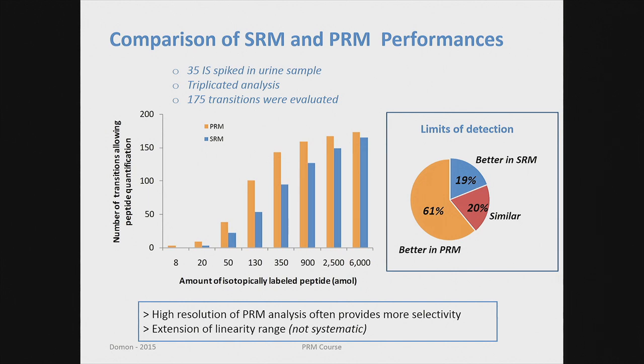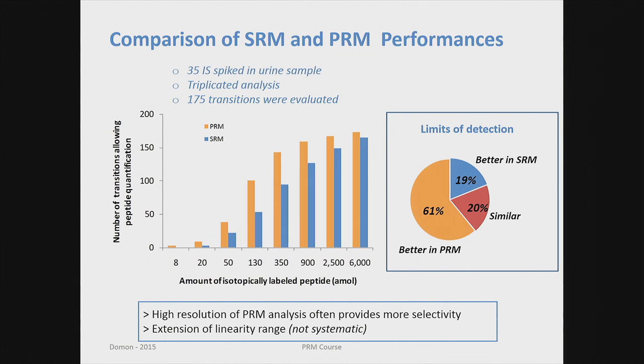So we've done several in the meantime, and the figures could change a little bit, but in essence, in 2/3 of the time, you get a better result because you have more resolution, better selectivity. In some cases, we get a similar result, and in maybe 1/3 of the time, also 20% of the time, you get a better or slightly better result in SRM.